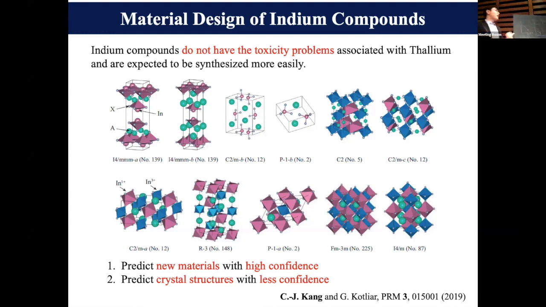So we applied the evolutionary algorithm and found these candidate crystal structures. All of them have nearly degenerate energy, so multiple degenerate phases could be available, and also a metastable phase is possible. So from this observation, we can say we can predict a new material with high confidence. However, we predict the crystal structure with less confidence.